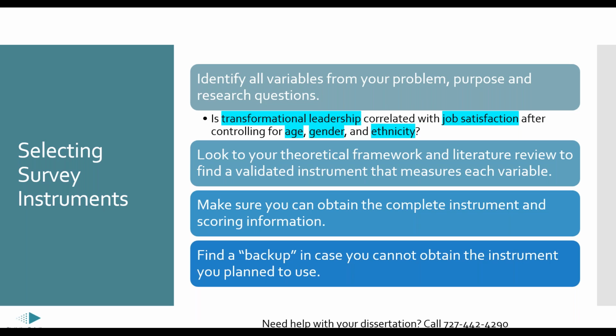For whatever reason, if you're not able to obtain your first choice for the instrument, then you want to make sure that you have some backup instruments that measure the same variable that you could potentially use in case you're not able to move forward with your first choice.